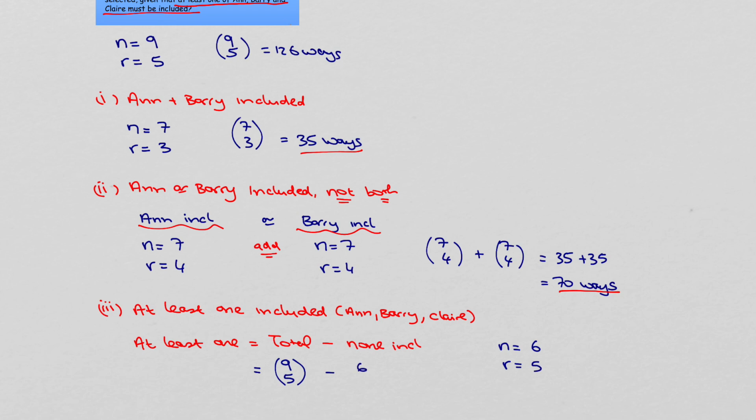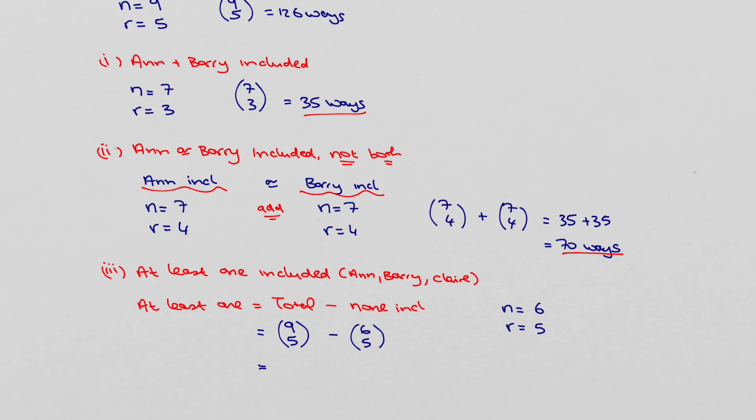So that means we're going to have 6 choose 5. So 9 choose 5 is 126 minus 6 choose 5, which is 6. And therefore that gives us 120 ways in total for at least one of them to be included.